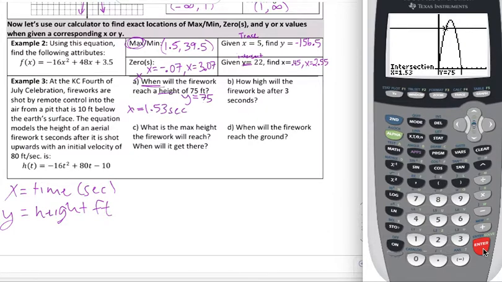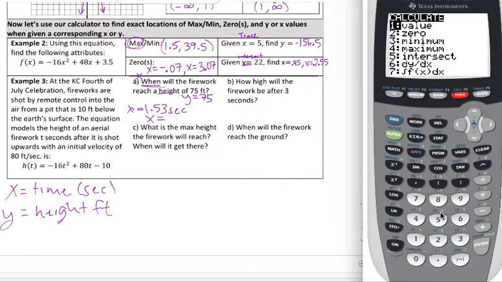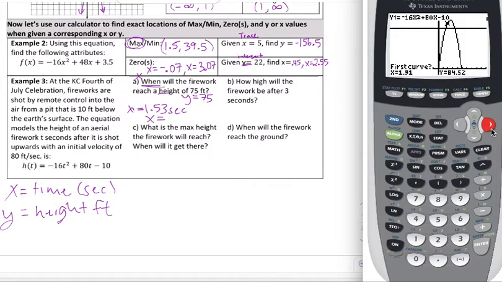And then we'll go ahead and find that second one. So we'll go second trace, intersect, and we just want to make it closer to the other intersection that we want. First curve, second curve, guess. That happens at 3.47 seconds.